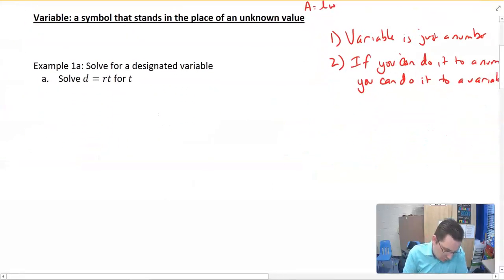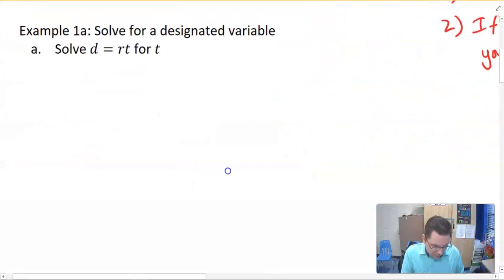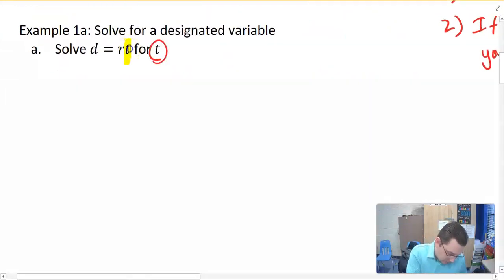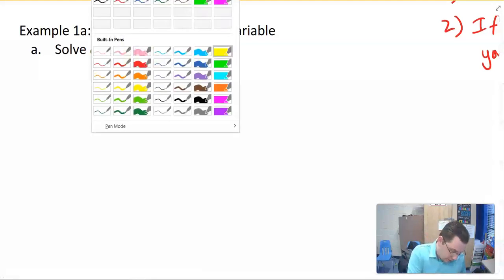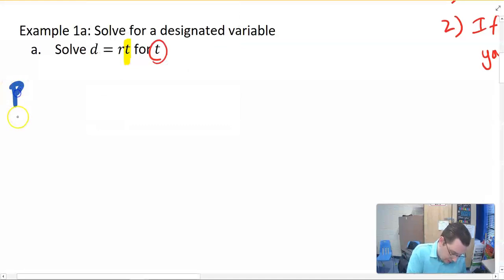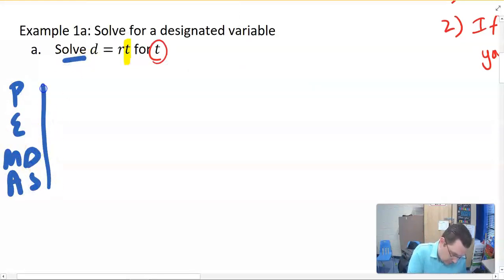In example 1a, we're asked to solve d equals rt, and we want to solve it for t. When we look at this problem, we're going to highlight, circle, or do something to the variable we want to get by itself. Because we're going to use our order of operations, our PEMDAS, right? And remember that if our direction is to solve, I'm working up the order of operations.